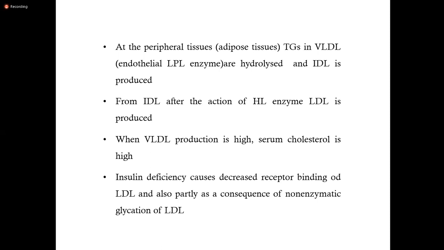Because of insulin deficiency, there is mobilization of fat, and also there is increased lipogenesis, and then there is increased VLDL output from the liver, leading to increased LDL level in the blood, and also there is reduction in the uptake of LDL by the liver. So all will lead to increased blood cholesterol level in these patients. Right, that is that.